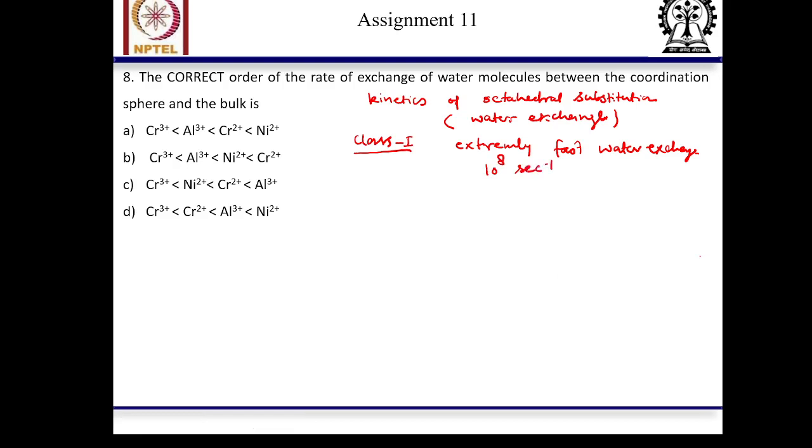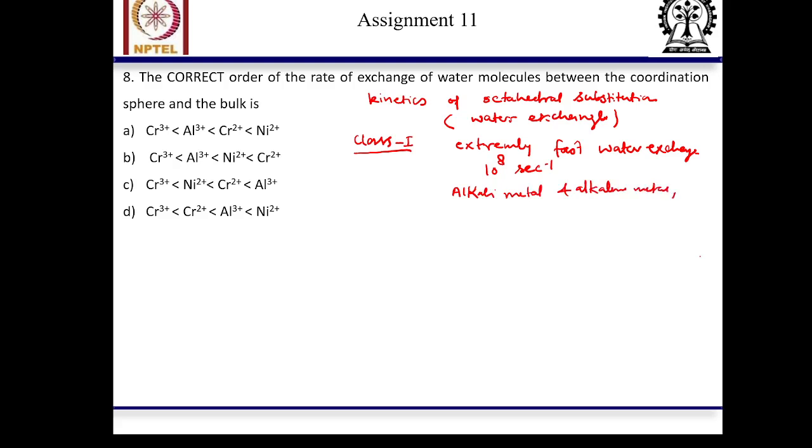So what kind of metal is there? Basically we have the alkali metals and the alkaline earth metals.